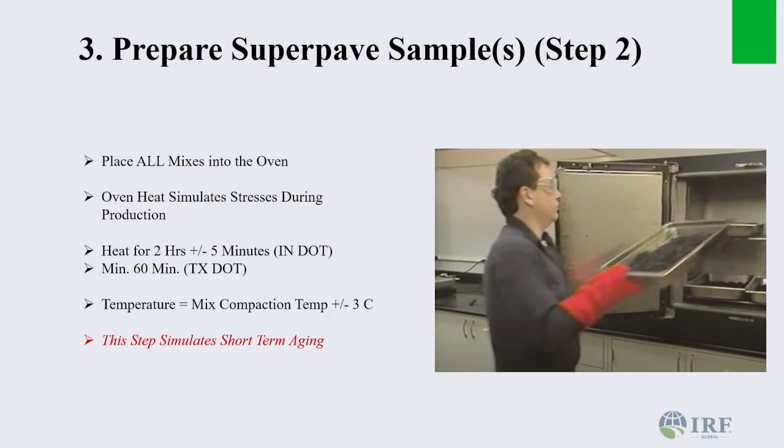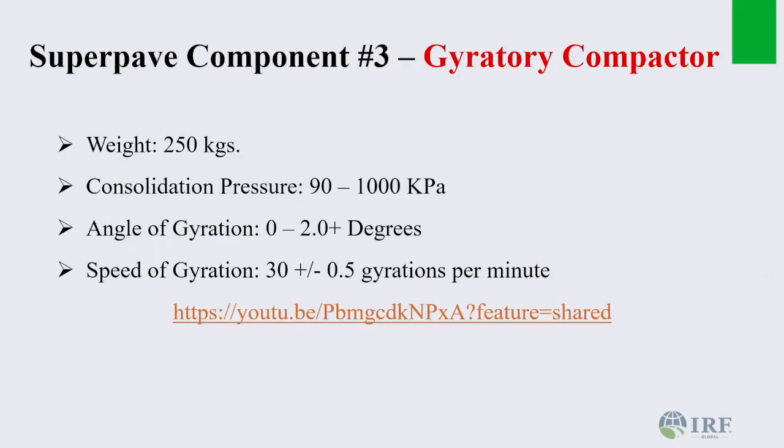You try to now simulate, one, the short-term aging, we've talked about that, and then the long-term aging. So now, the major difference, not the only difference, that you will have, that the Superpave, if you want to adapt it in this country, is the introduction of the gyratory compactor.